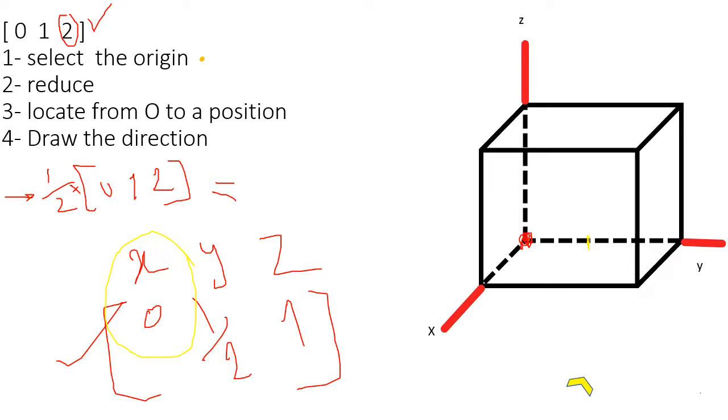And so now we're locating it from O to a position. Now we are here, and then in the Z it's 1, as you see here. So we are here, we go 1 in Z, and we should draw the direction. For drawing the direction, we are going to act like this. So this is our direction.